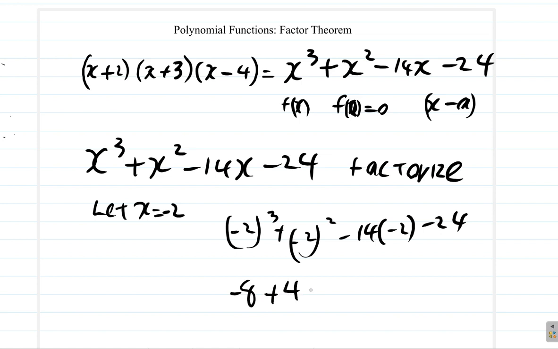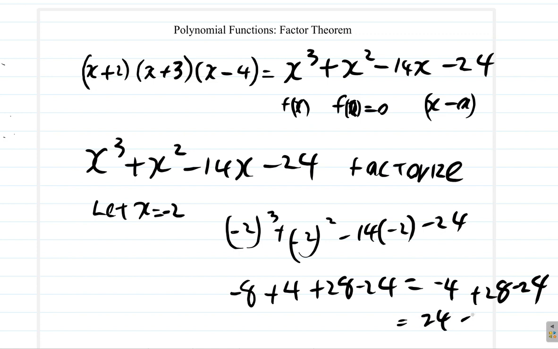Plus 2 squared is 4. Negative 14 times negative 2 is positive 28 minus 24. So you have negative 8 plus 4 is negative 4 plus 28 minus 24. Negative 4 plus 28 is 24, and 24 minus 24 is 0.